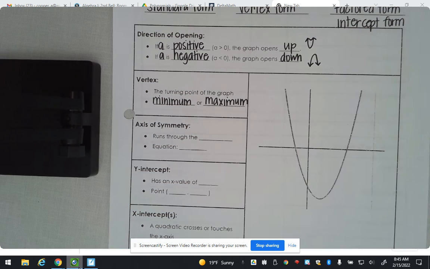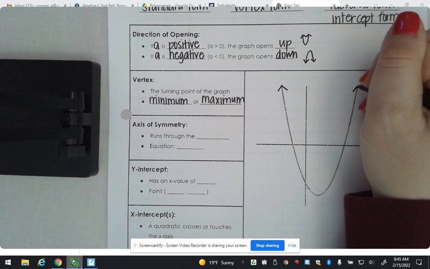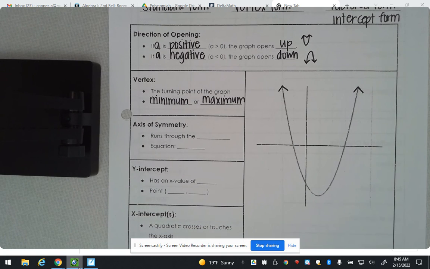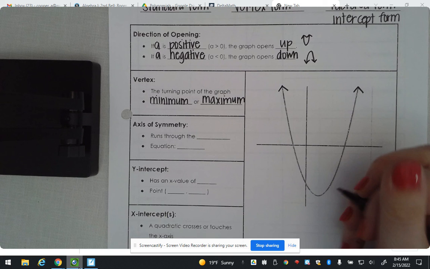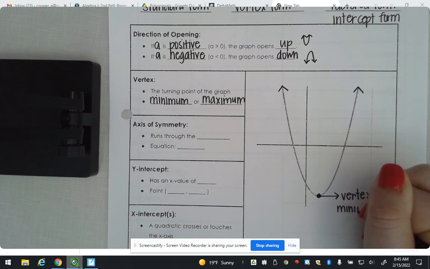Okay? If we look at this graph right here, I'm going to put arrows on it. You don't have to. Desmos is never going to put arrows on it, so make sure we understand that. Does this graph have a maximum or a minimum? A minimum, right? And it's right down here, correct? Does everybody agree? So right here, this is my vertex, which has a minimum.